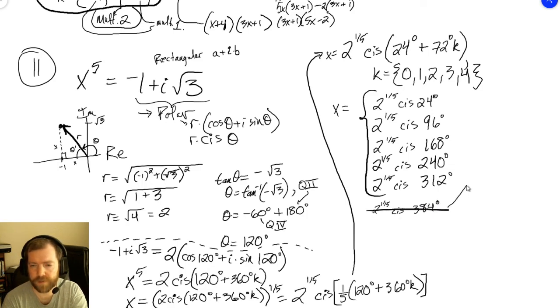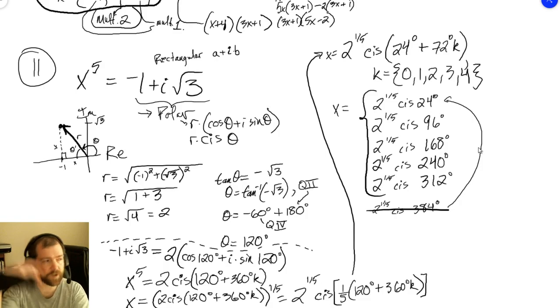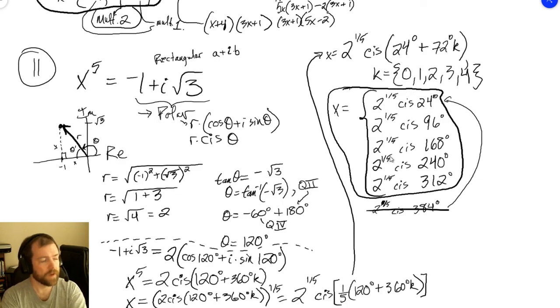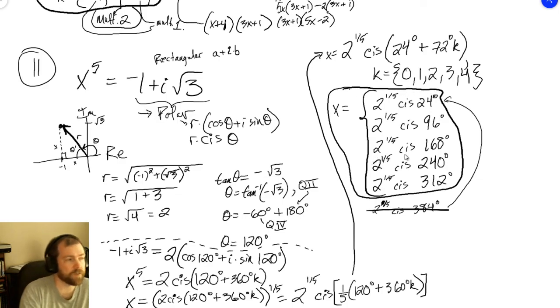This is just the same as that one. This ends up creating a cycle. So it goes through these 5 answers every single time. All right, and these are the answers in polar form.